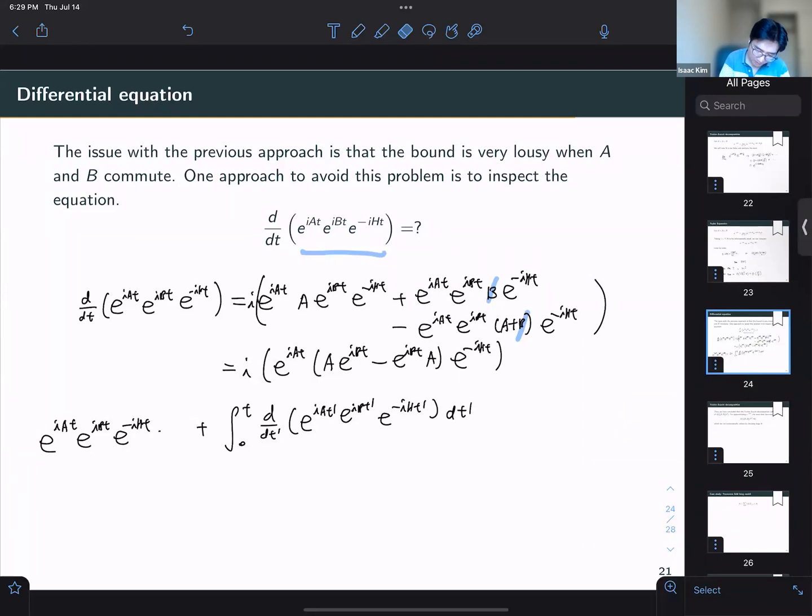We can subtract identity from both sides, and we get this. And let's say I want to estimate the operator norm. Then we can use the triangle inequality, and that triangle inequality simply gives this expression.